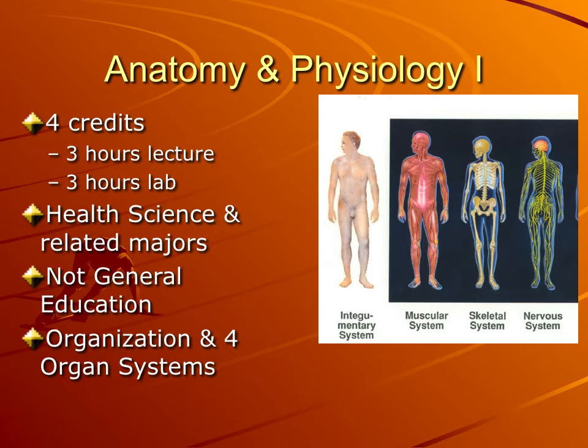And then we're going to cover 4 organ systems: the skin or integumentary system, the muscular system, the skeletal system, the nervous and sensory systems as well. Those are things we're going to do here. And then all the other body systems like the cardiovascular system, the immune system, the excretory system, those are going to be covered in anatomy and physiology 2.